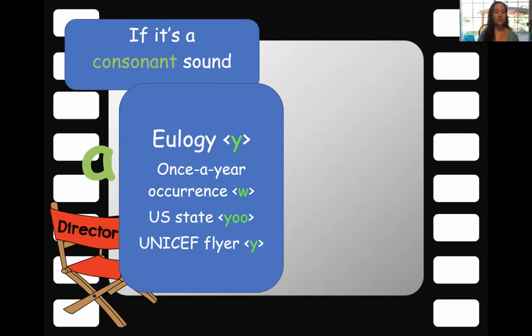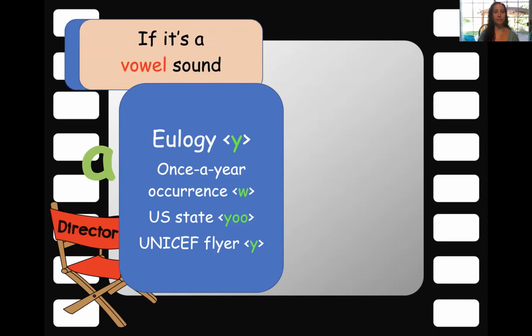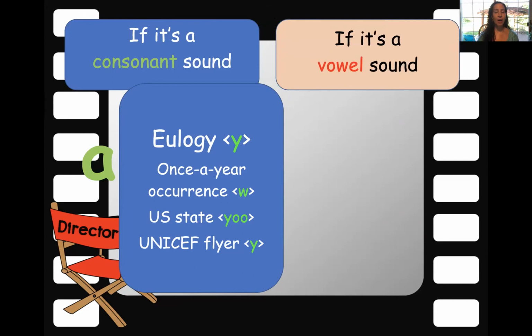So if you notice the long vowels like eulogy, once a year occurrence, US state, and UNICEF, anything with a long vowel sounds like a consonant. So we would use a. If it's a vowel sound, we use an.